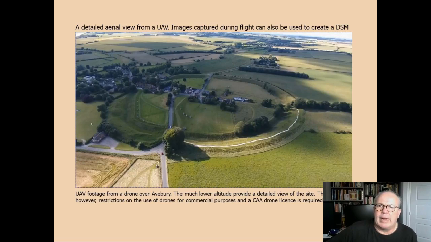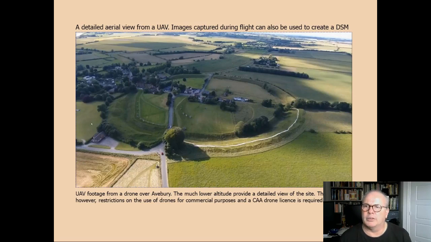The maximum height you're allowed to be at using a drone survey is 400 feet. So we're going to be well below that, and you can see with this drone data that we've got lots and lots of detail. You can quite happily see all the cars moving about, all the cars parked.